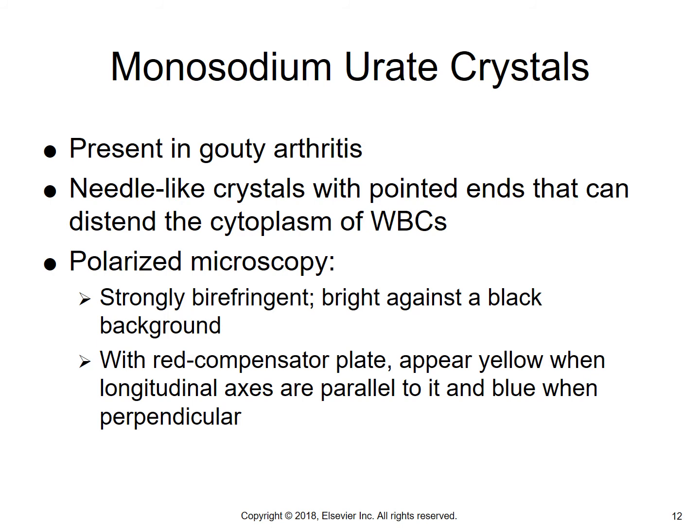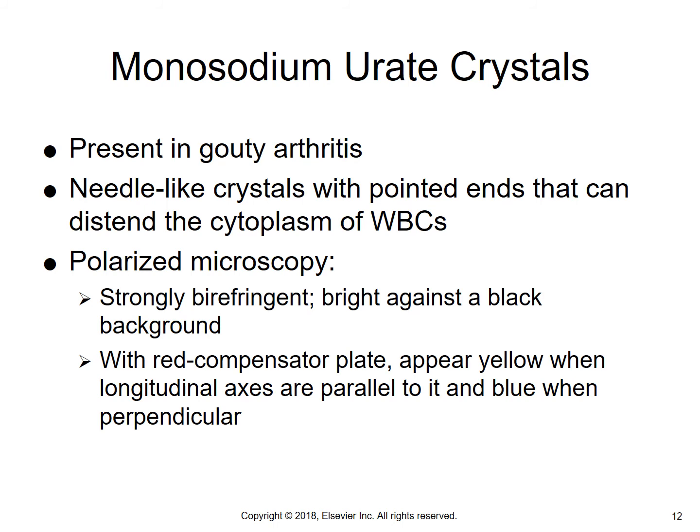Monosodium urate crystals indicate a type of gouty arthritis. They are present intracellularly in white blood cells during the first or acute stages of the disease, and they look like needles with pointed ends that extend the cytoplasm of the white cell. Free-floating crystals can also be present, and under polarizing microscopy, there is very strong birefringence.